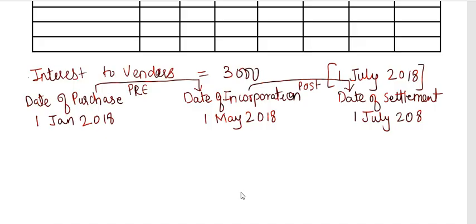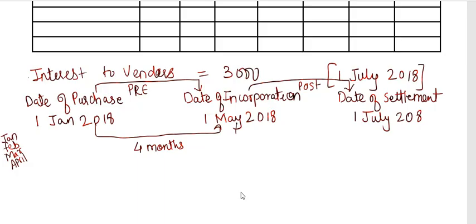So from 1st Jan to 1st May, how many months are there? Jan, Feb, March, April, and 1st May. That means total there are 4 months.